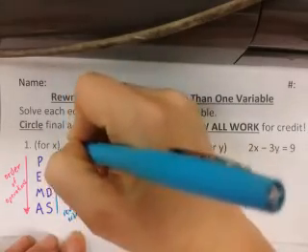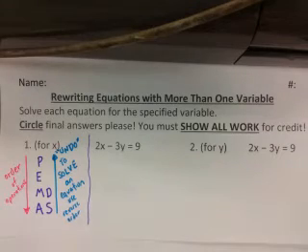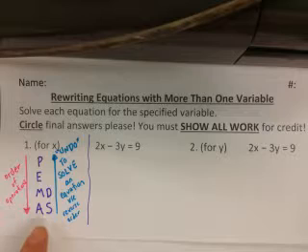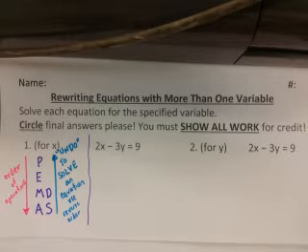So if we want to solve, we have to go in reverse order. Just like you have to take off your shoes before you take off your socks, you have to work backwards when you're solving.